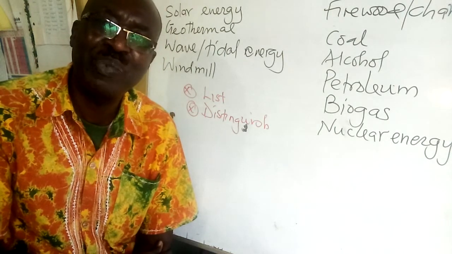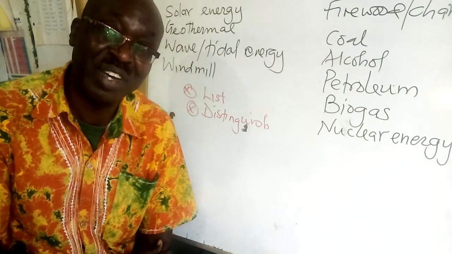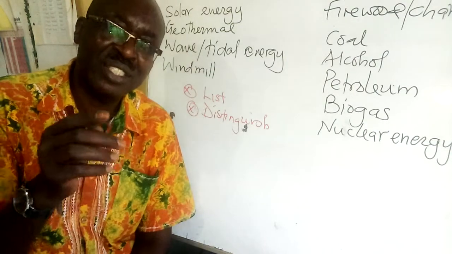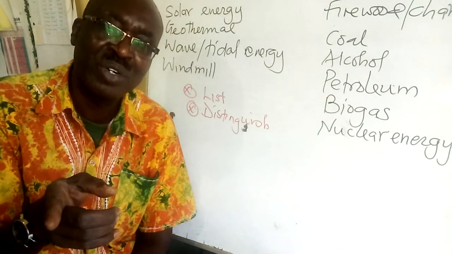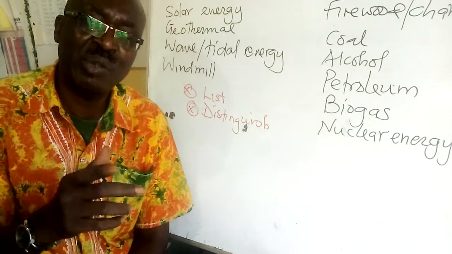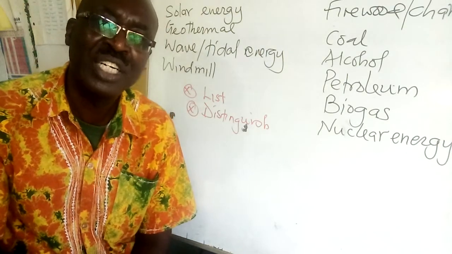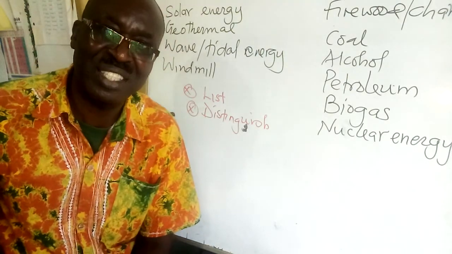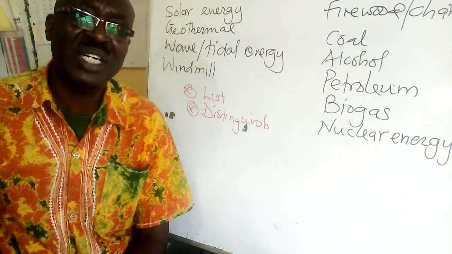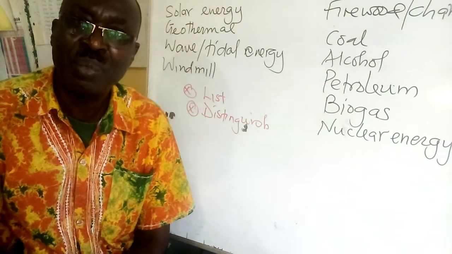Those three parts, or can I say even four, from list, renewable and non-renewable, okay? And then you can be asked to distinguish, then you can be asked to give examples. Those are simple things you just read.